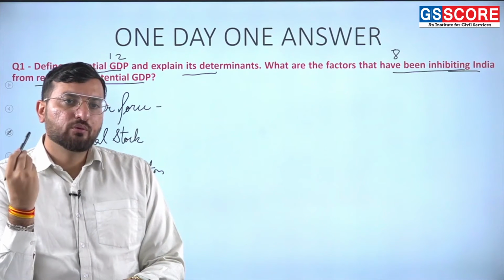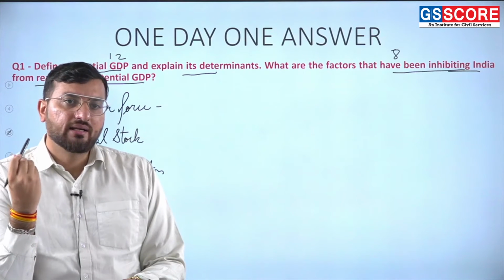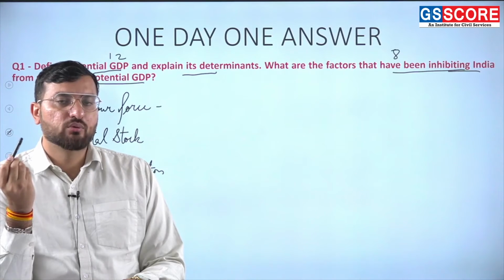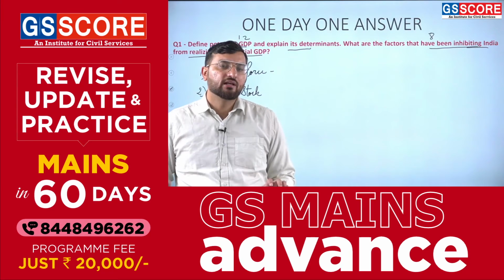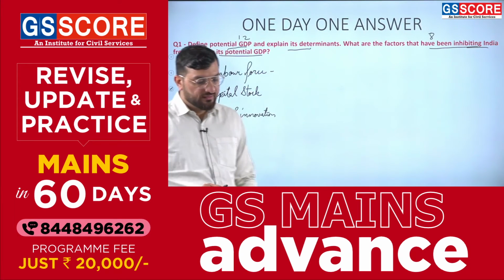If I am able to improve the efficiency of my labor, my machines, my technology, my innovation, I am able to produce 100 pens. That is the maximum output. So that will be the potential GDP. So technology and innovation help in improving our output.